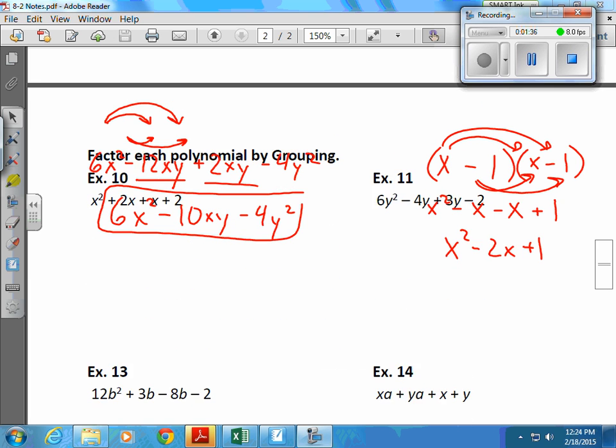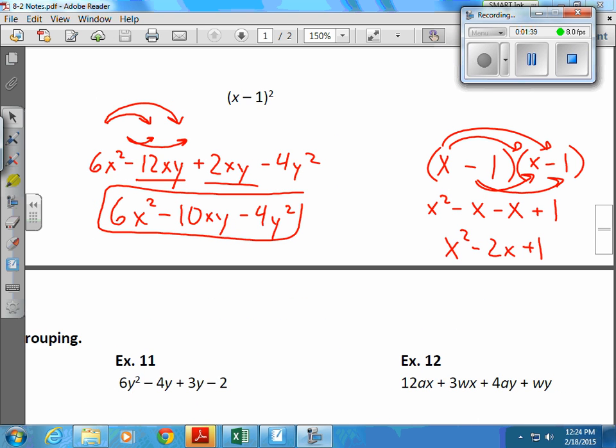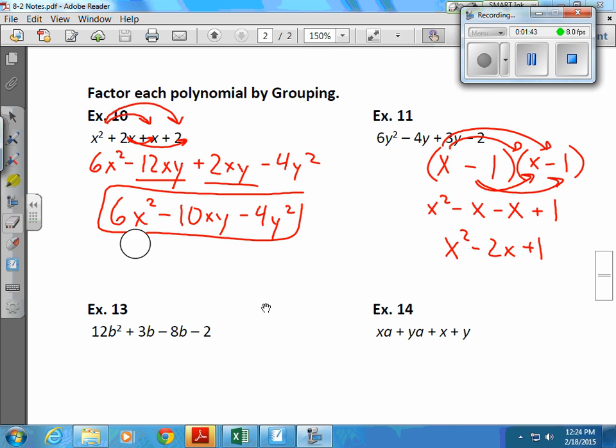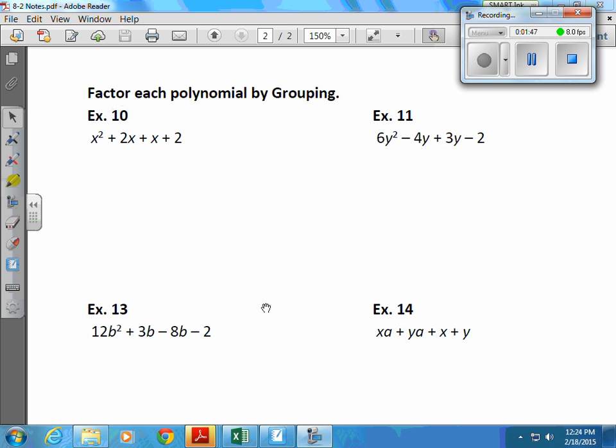Now, let's go back to problem number 10. Now what we're going to try to do is to factor by grouping. So we have four terms here: 1, 2, 3, 4.